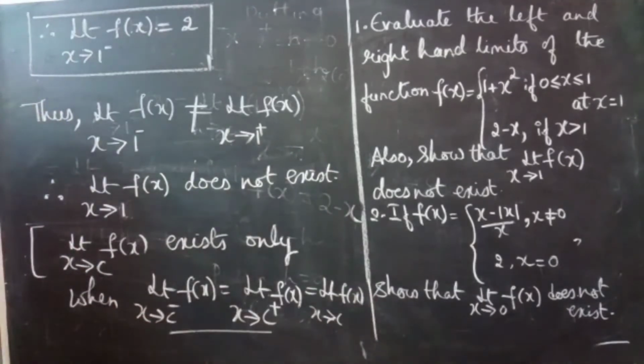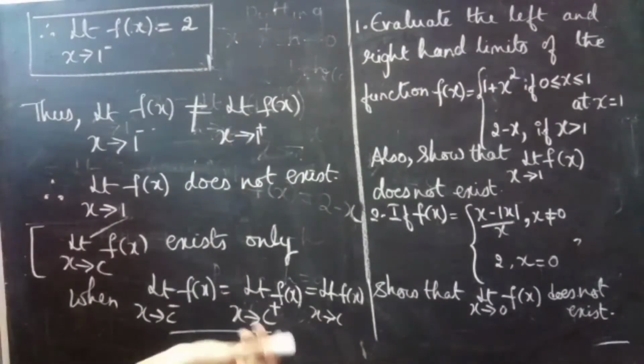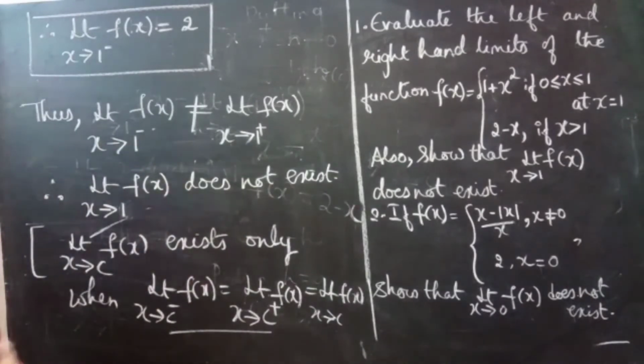If these two are equal, then we can say that limit x tends to c f of x exists. Since these two are not equal, so this will not exist. Okay, this completes the first problem.